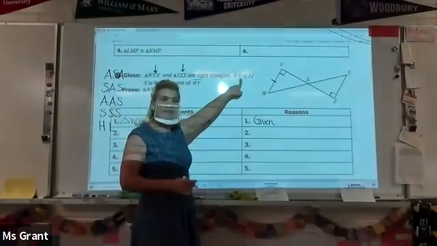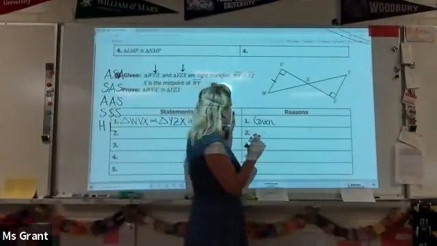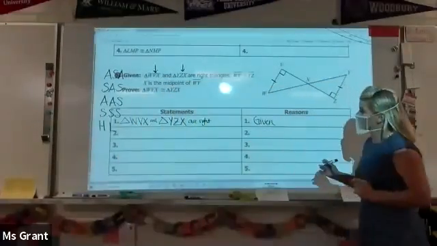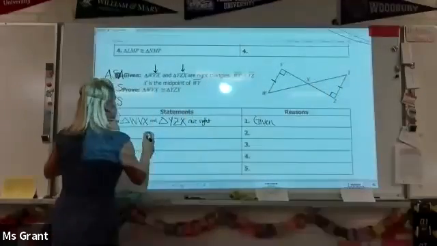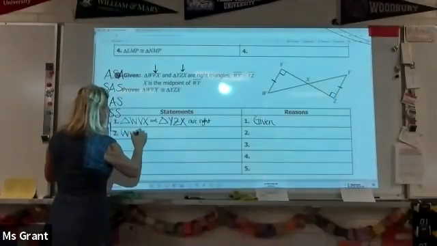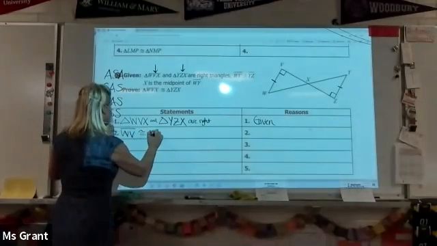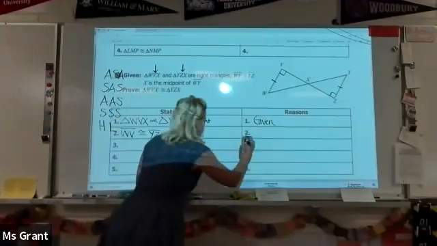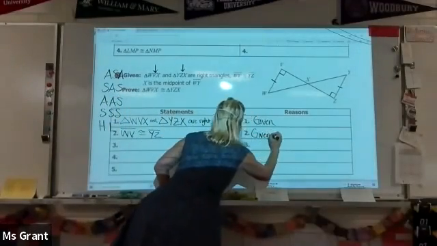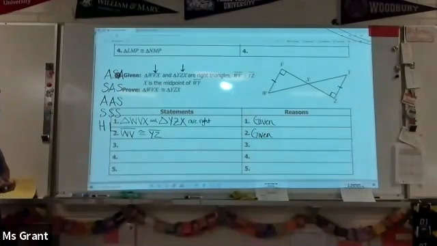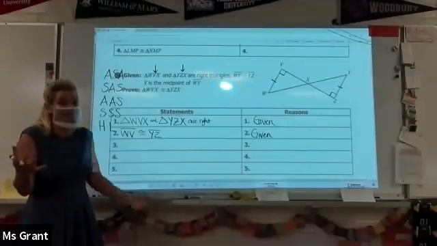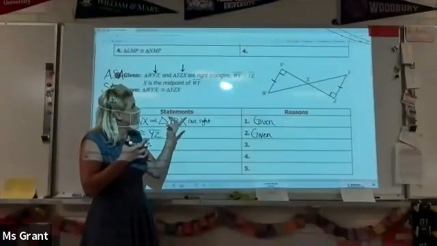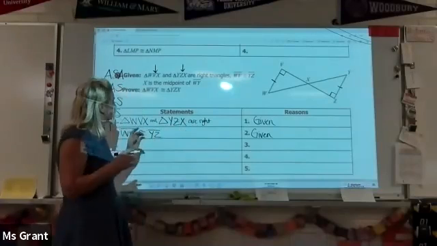Okay, segment WV is congruent to segment YZ. Write that. WV, West Virginia, is congruent to YZ. Given. So I really only have a leg right now.